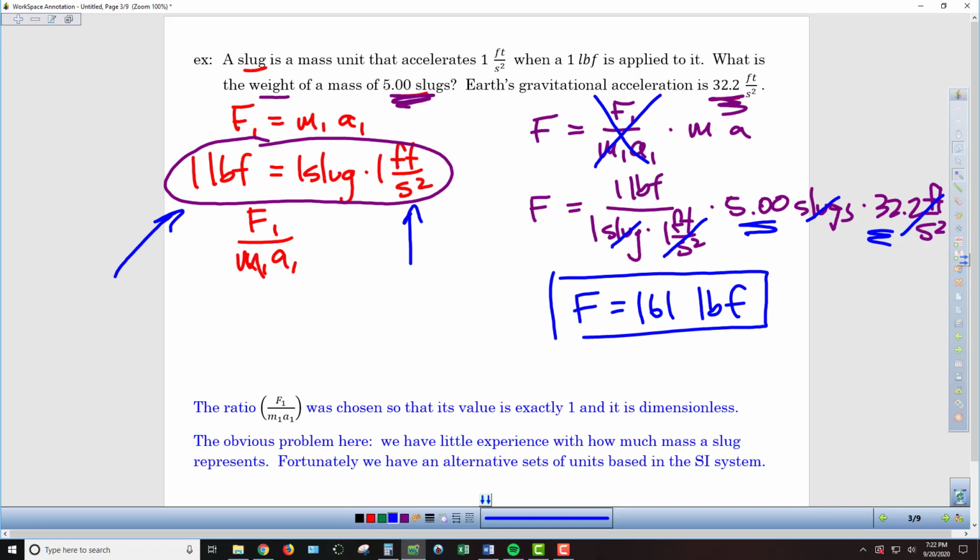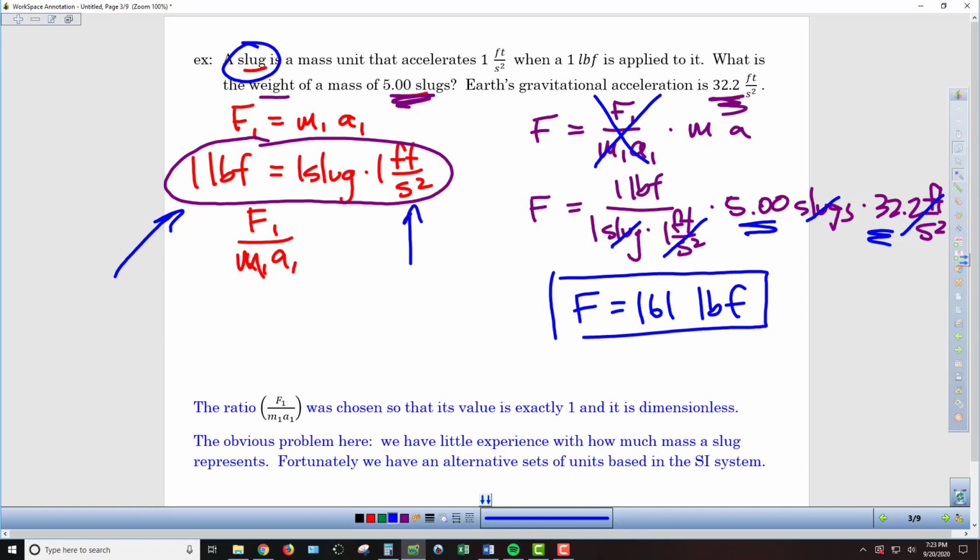This is what is going to happen when we're in SI units as well, as we'll see in just a moment. Now, the problem with this is no one uses slugs. So we don't have a good intuitive sense as to what exactly that mass amount is. That's where we're going to work with SI units. But we still work in English units. We just use a different mass amount.